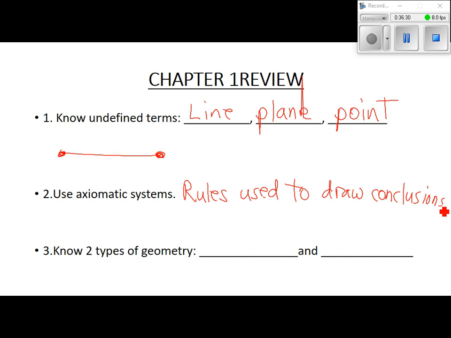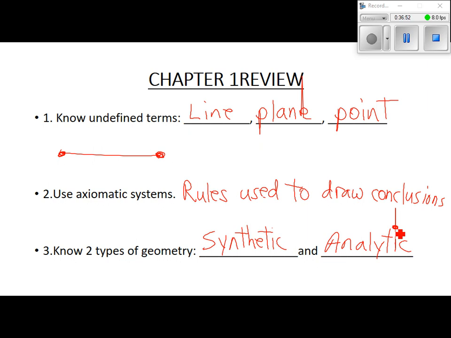Know the 2 types of geometry. Anybody remember the 2 types of geometry that we talked about? Synthetic. Anybody remember the other one? Analytic. That's supposed to be an I. Analytic.